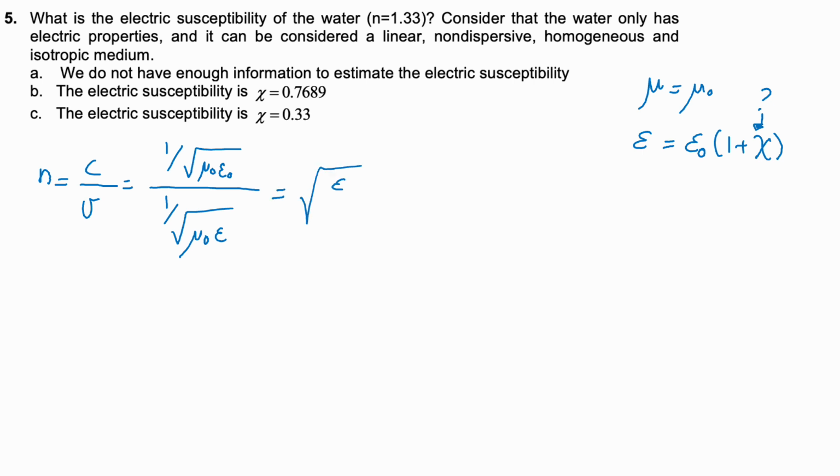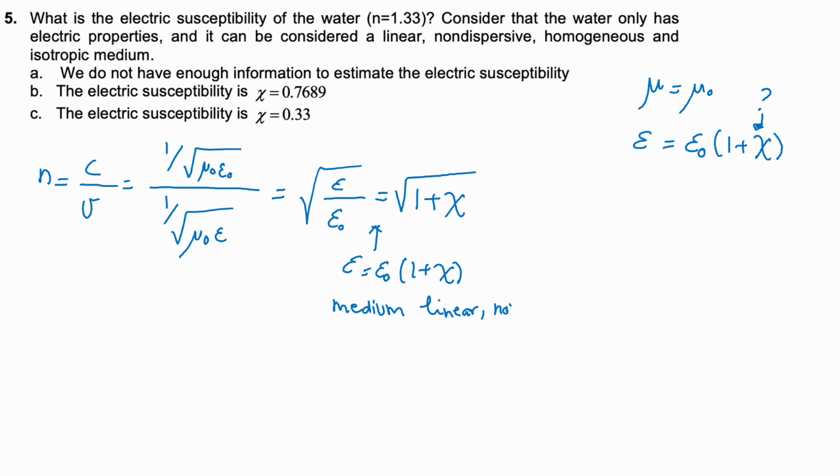So this is going to be the square root of the electric permittivity in the water divided by the electric permittivity in the vacuum, which is 1 plus the susceptibility. This is only going to be true because we have considered that the medium is linear, non-dispersive, homogeneous, and isotropic.